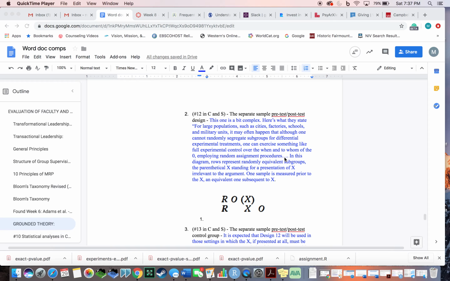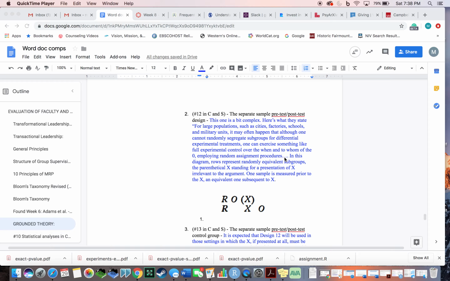Okay. The next one is the separate sample pre-test, post-test design. Okay, so this one was a little more complex, but essentially, when you have like a large population and you can't control for everybody getting treatment or not, you can control when people get treatment.